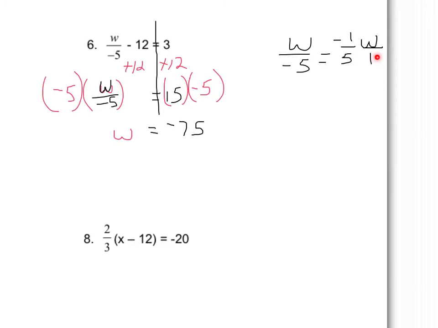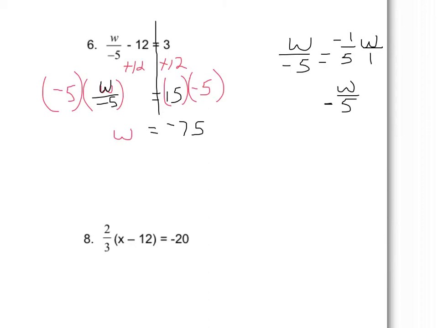So I would end up with 1 times w, which is w, and then 5 times 1 is 5, and we knew it was negative because it was -1/5. That just means either number could be negative because one of the two pieces needs to be negative. So I'm just going to put it down here on the bottom so that it matches what we had in the problem. Okay.